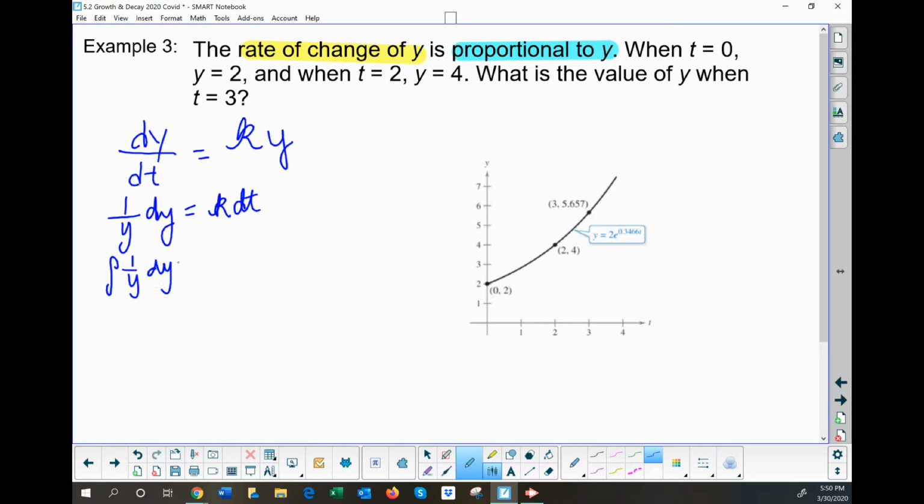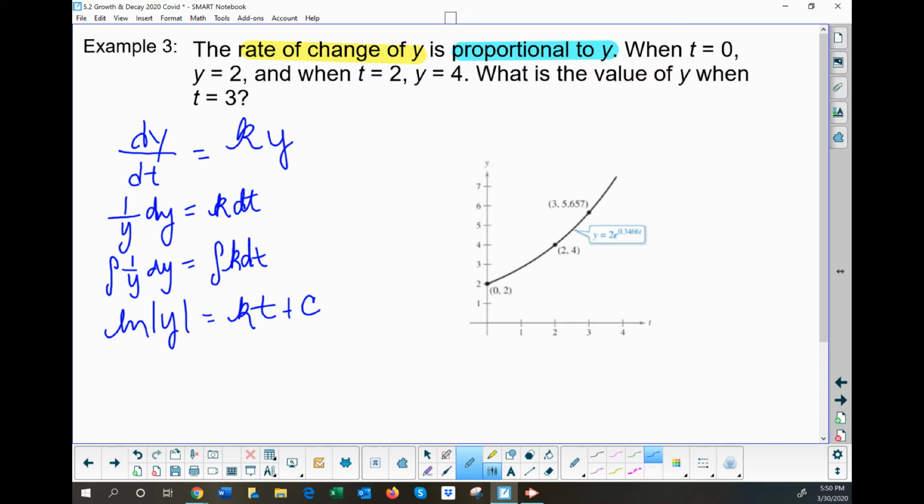Well, k is like a multiplier, so keep that in mind. What's the integral of 1 over y? Oh, that's right. Natural log absolute value of y equals kt plus some constant. So k is just some multiplier. And then t, I need to bring on a variable.